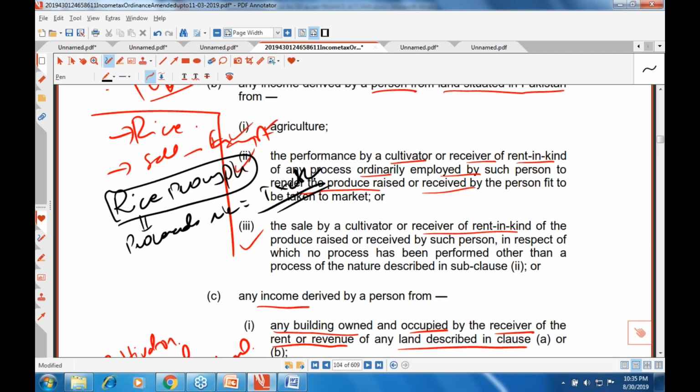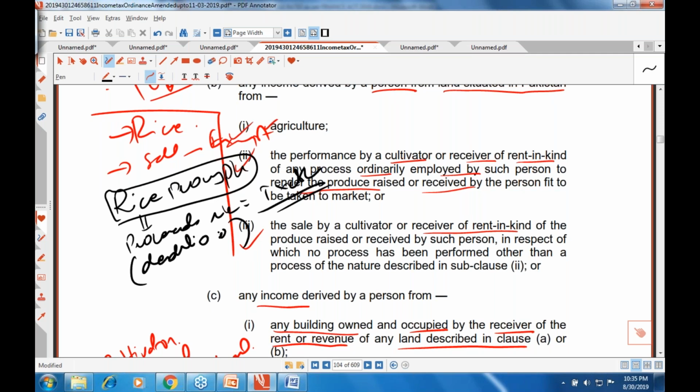But if you have a rice husking plant where you are refining the rice, then the refined or processed rice is not going to be exempt, it's going to be taxable. But what happens is you are allowed to claim a deduction at the fair market value of the rice used as raw material. So if you are using the unprocessed rice as raw material for the processing plant, the fair market value of that unprocessed rice will be allowed as a deduction.